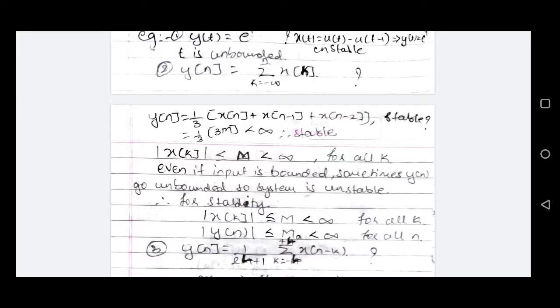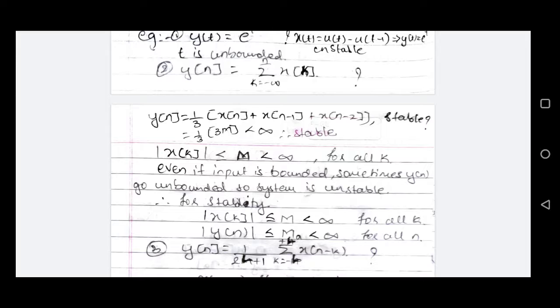Then only an input signal is said to be a bounded signal, and this should be true for all time instants, for all values of k. And sometimes, even if the input is bounded, the output y of n can go unbounded. So the system can be an unstable system.